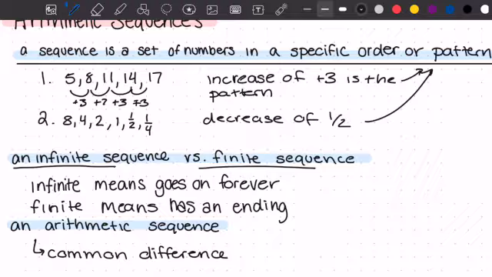There's also this thing called an arithmetic sequence. An arithmetic sequence requires a common difference, so one set of common differences. That's what we were talking about up here.